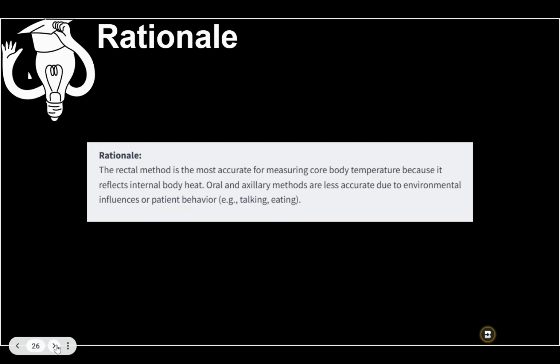The least accurate method for taking a patient's temperature is the axillary method, and that's when we're taking the temperature underneath the patient's armpits. And if you are taking an oral temperature on a patient, if they have eaten or drunk anything cold or hot, or even if they have smoked, you want to make sure that you wait at least 15 minutes before you take their oral temperature.